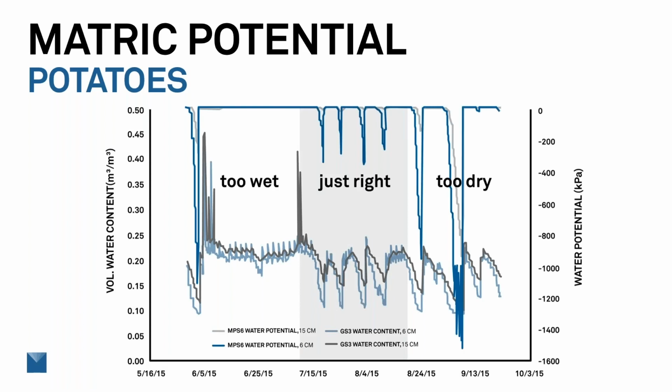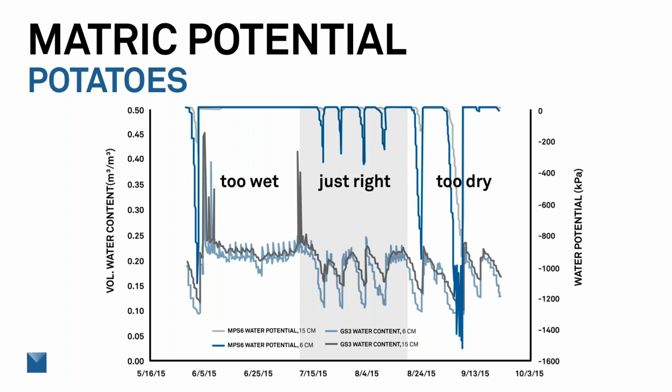However, when we add matrix potential, it makes it much easier to see and have an indicator for whether or not the plants are in an optimal range for water. So here you can see that early on in the season, they were actually over applying irrigation. And once they got to around July, they reduced the frequency, which allowed them to hit that optimal range.